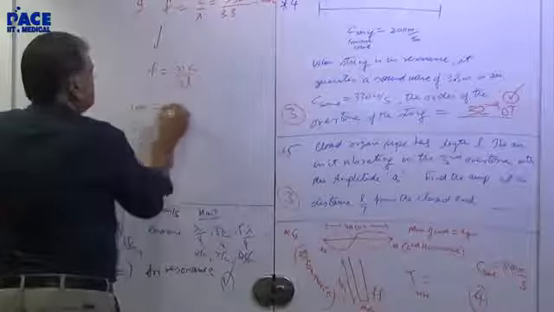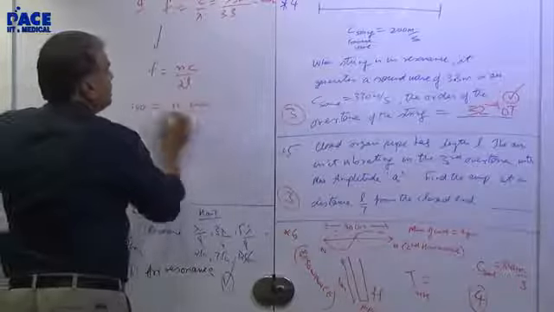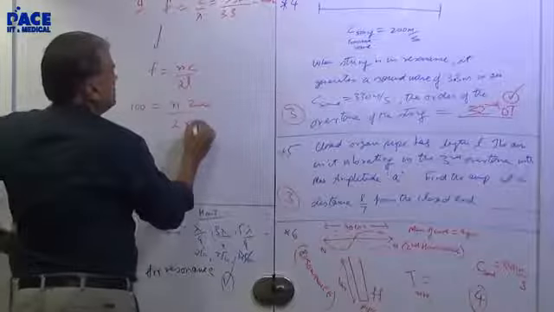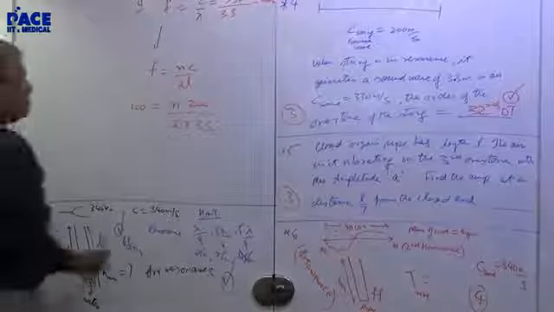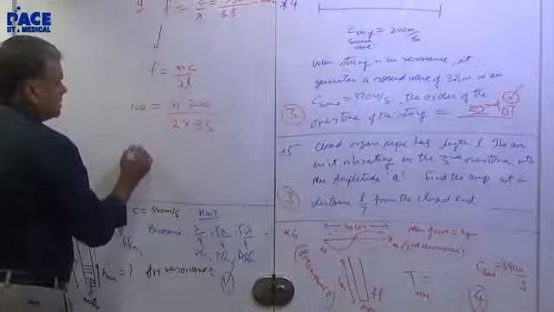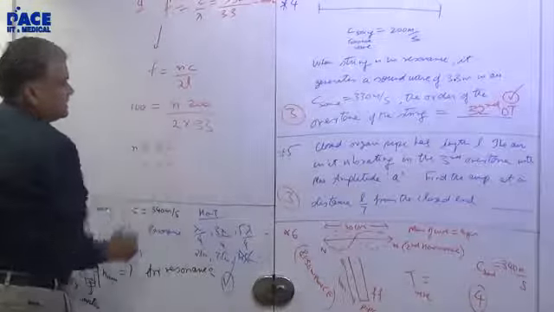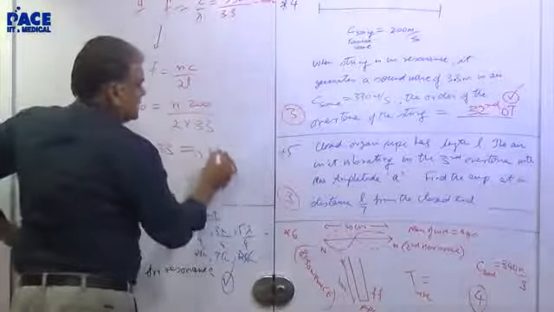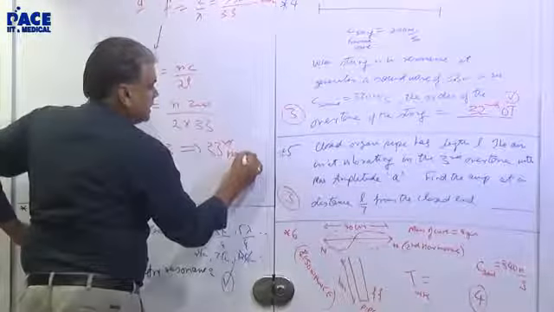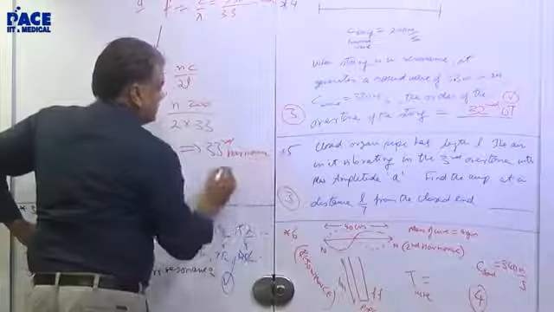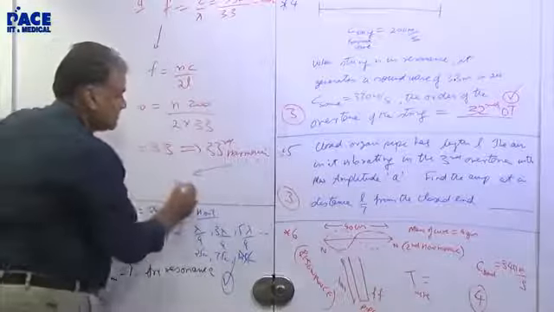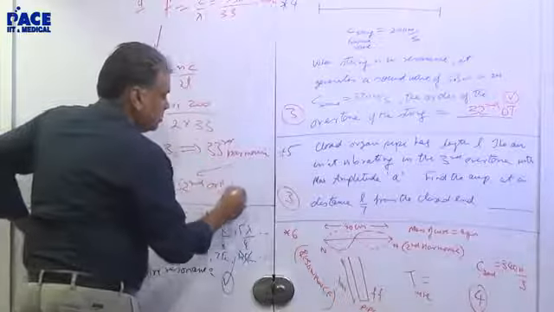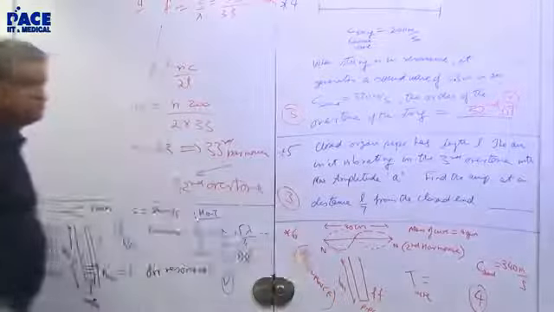So 100 equals N into 200 by 2 into 33. So how much is N? From this we can find N is 33. N is 33 means 33rd harmonic. There are 33 loops. But the 33rd harmonic in case of a string fixed at both ends happens to be 33 minus 1, the 32nd overtone. So that is the answer.